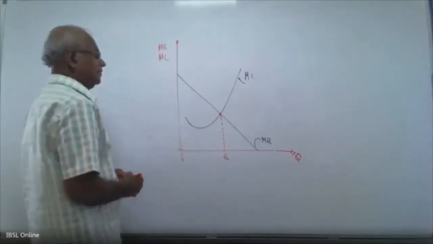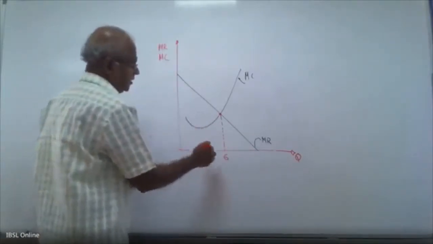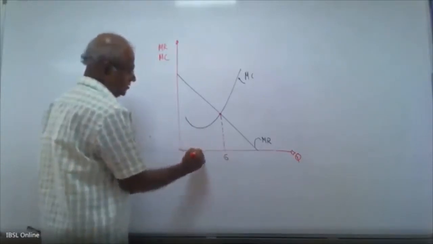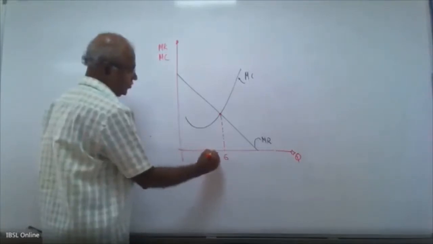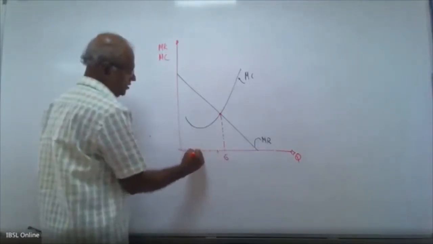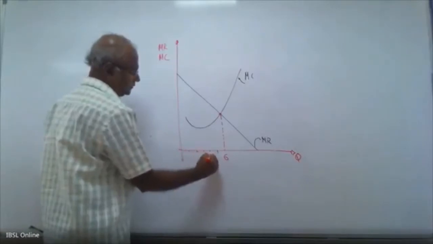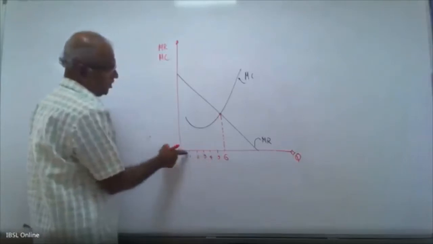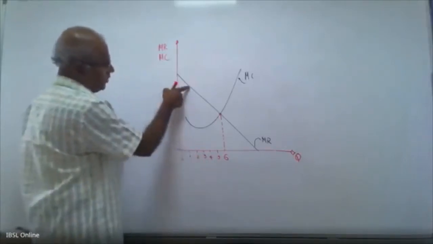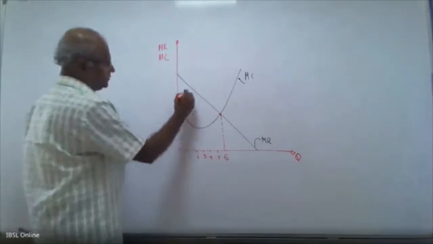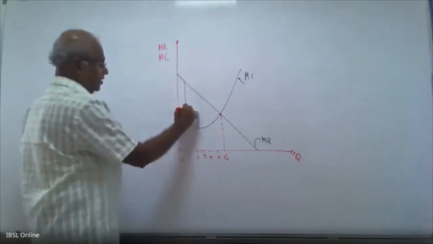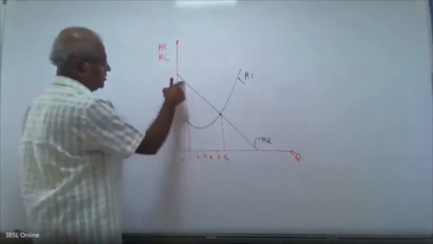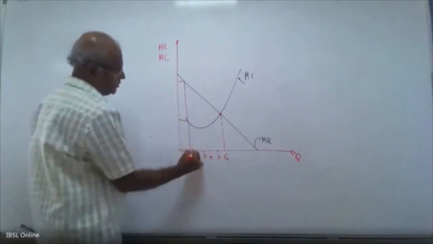Right. At this point, what will happen? To the left of this 6, let's say output levels 1, 2, 3, 4, 5. Output level 1, marginal revenue is greater than marginal cost. Marginal revenue is this, marginal cost is this. Then you increase the output.